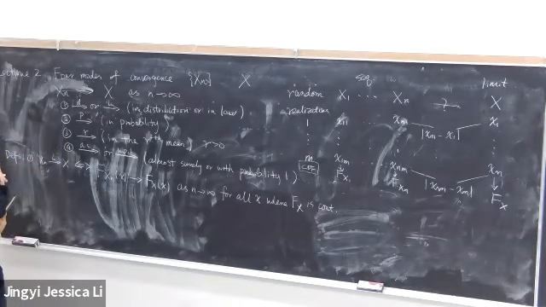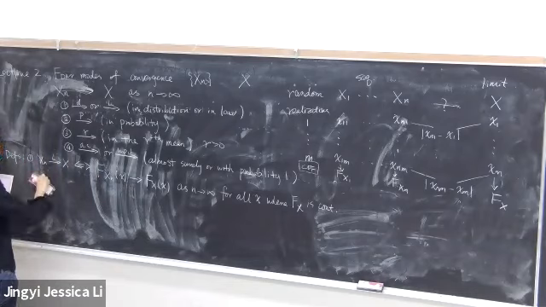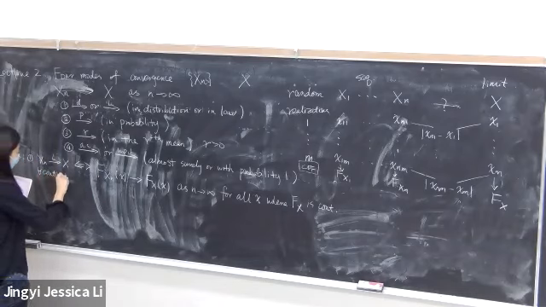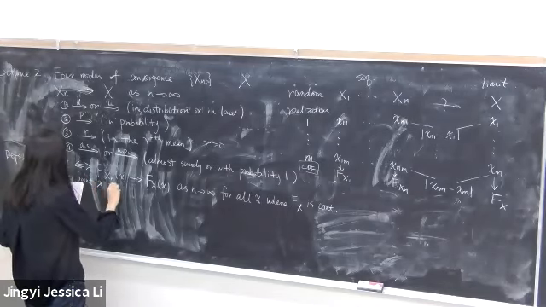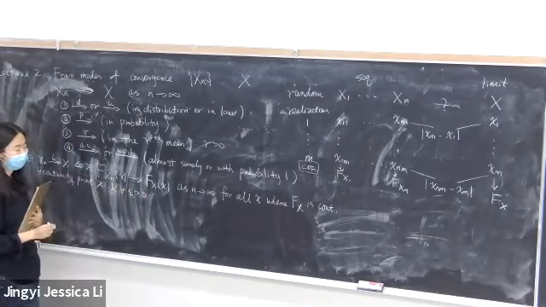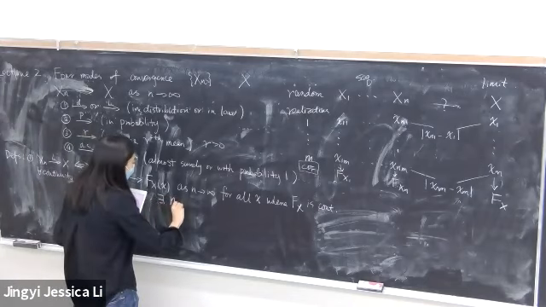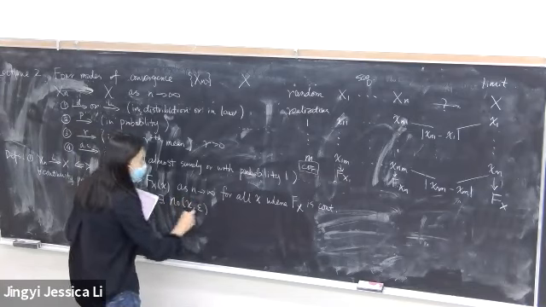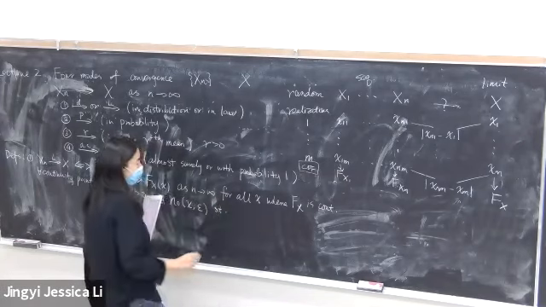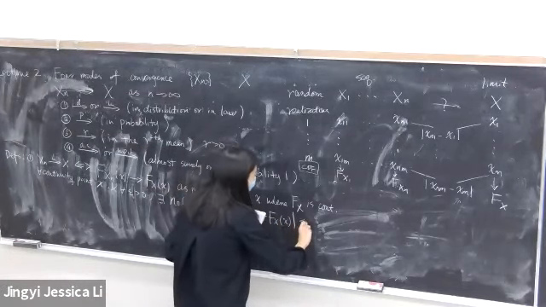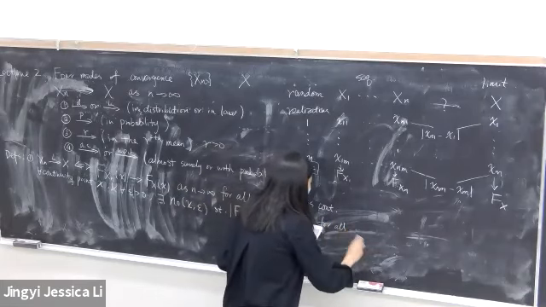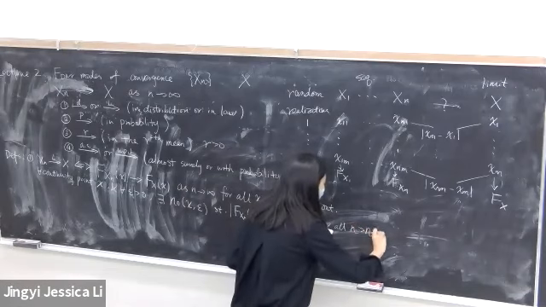So in other words, mathematically speaking, what we want to say is, for any continuity point x, given an x and any positive epsilon, there exists an index n0 that depends on x and also epsilon, such that we would have |F_{X_n}(x) - F_X(x)| less than epsilon for all n greater than n0(x, epsilon).